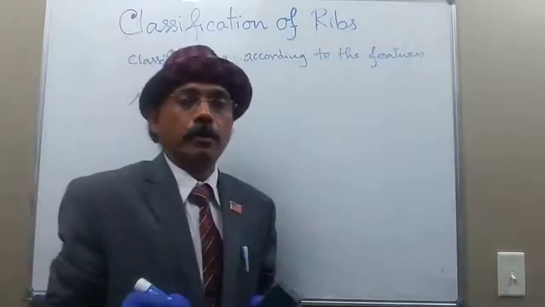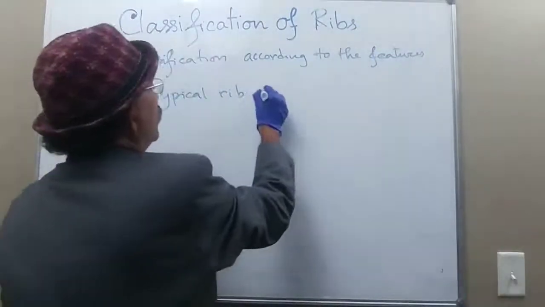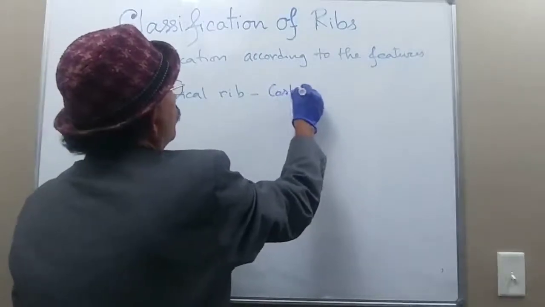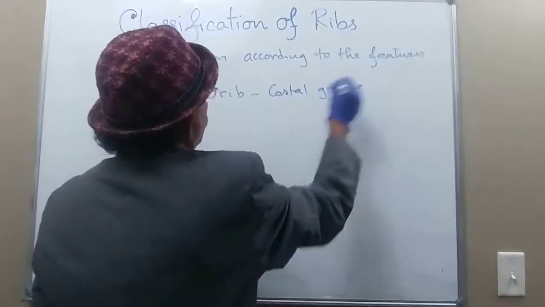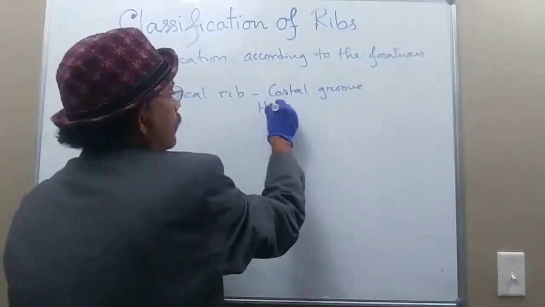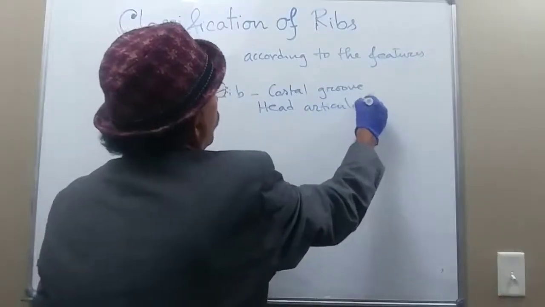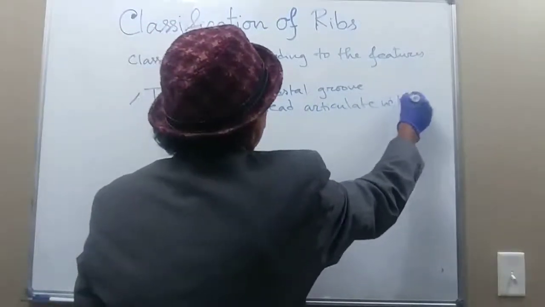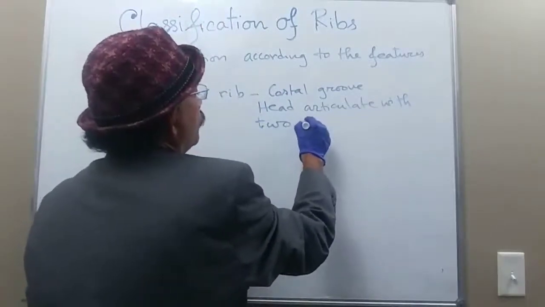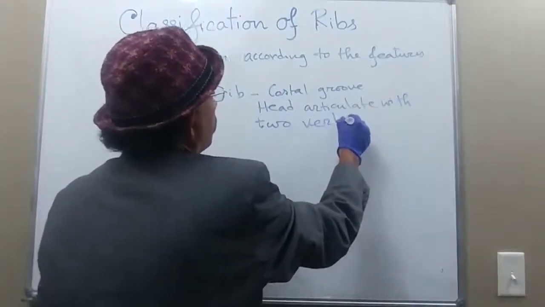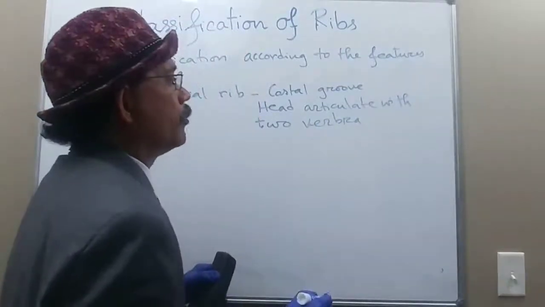A typical rib has typical features, like they have a costal groove, and the head articulates with two vertebral bodies, two vertebrae.